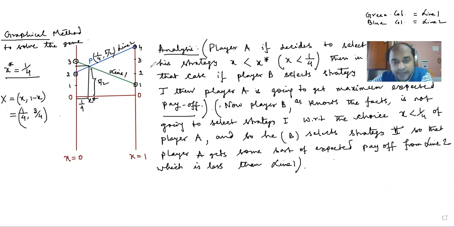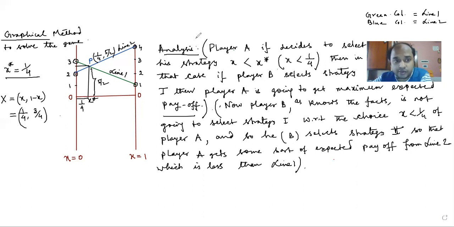So when player B is thinking, okay, I'm not going to select strategy 1, because if player A chooses his strategy x less than 1 by 4, then he can have some chance to get the maximum payoff with respect to my choice.